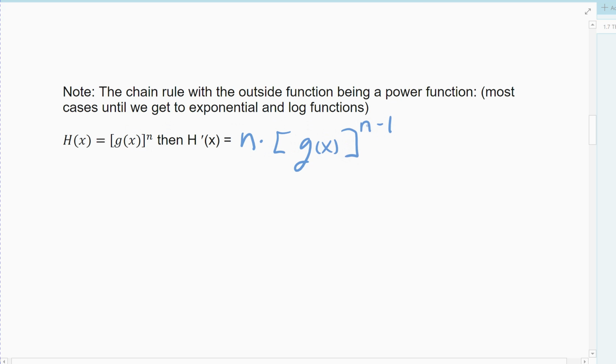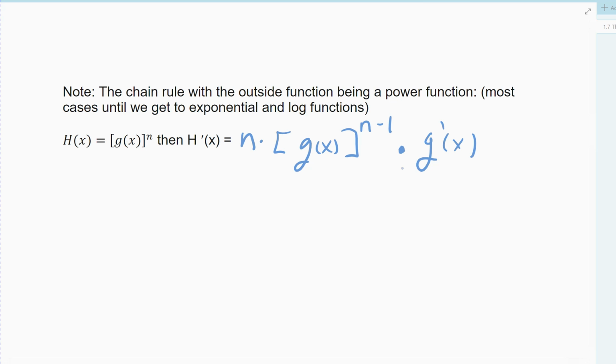But then I'm not done. I can't stop there because I've only taken care of the outside function, I haven't taken care of the inside. Then you have to remember times the derivative of the inside, and just the inside, all by itself. That's the rule that we'll be using in Chapter 1. That's the chain rule with the power function. We'll add to that later on with exponentials and logarithms.